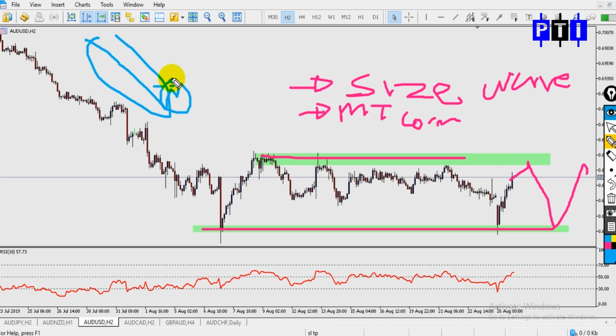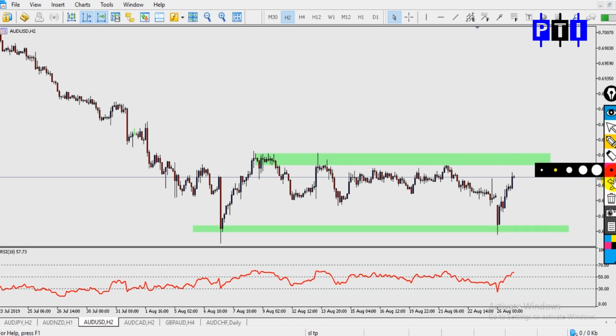It is not enough to conclude that this is your resistance level, because it is not big compared to the impulsive wave. Your wave should be at least 50 or 45% like this. Then you can conclude, okay, this is my support. But if your wave is this small, you can't conclude it is your resistance or your support. So firstly, check the magnitude or the size of your wave.